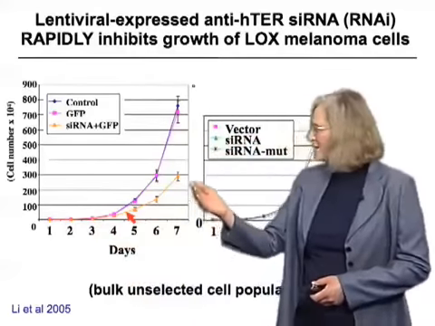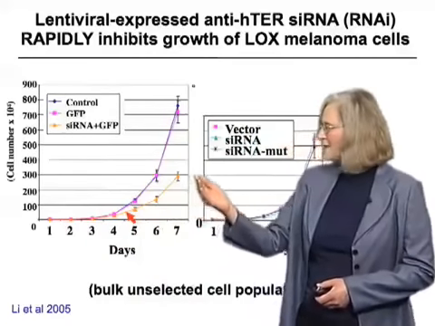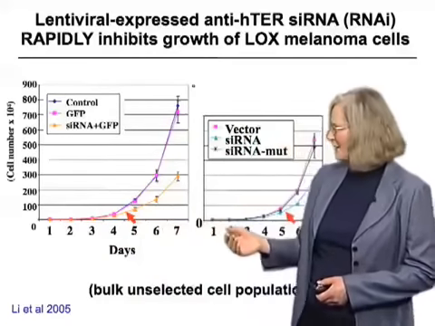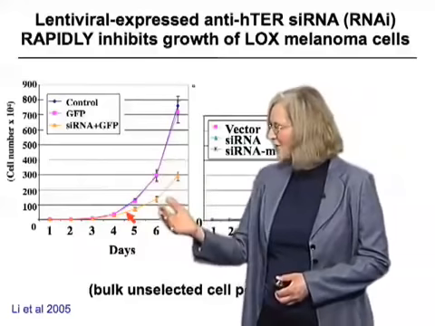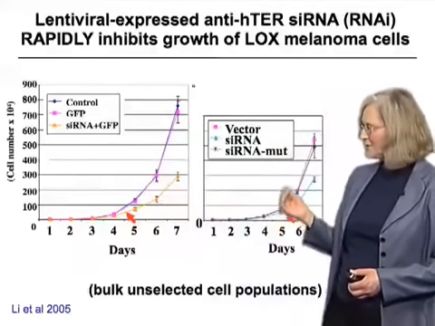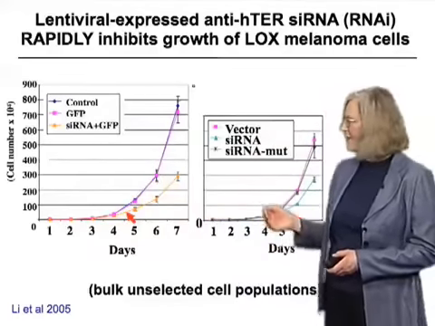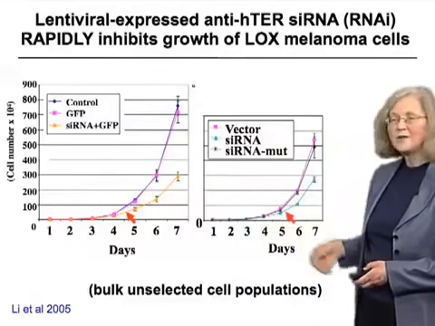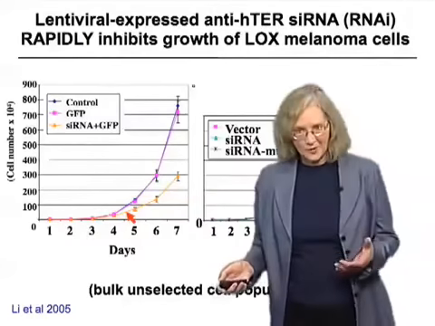And in fact, the ones that did grow out were that low percentage that didn't receive the construct. So the effect is even stronger than what these curves would indicate, because the ones that are growing out are largely the ones that just didn't receive the construct.